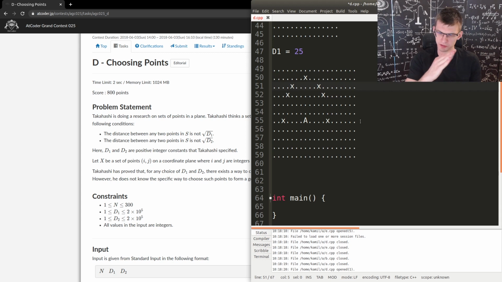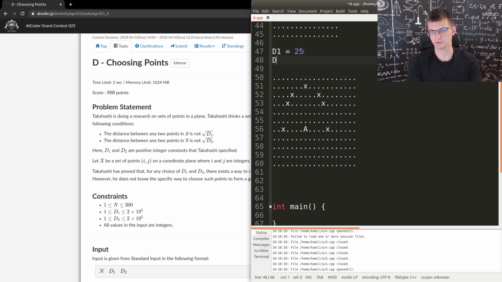If I go in some particular direction, maybe I say we go from the left, and this A will forbid 3 new points. And that's only for D1. We will also have D2.